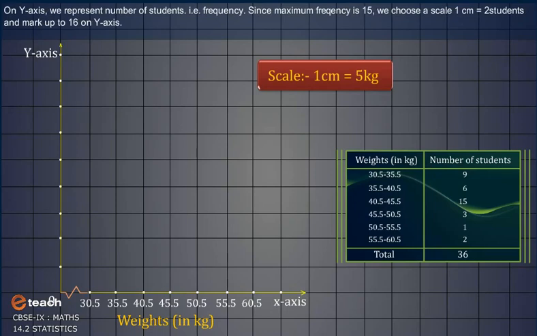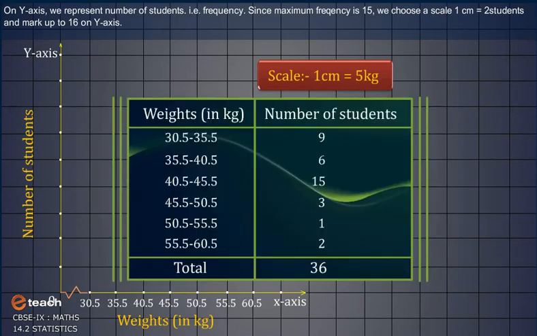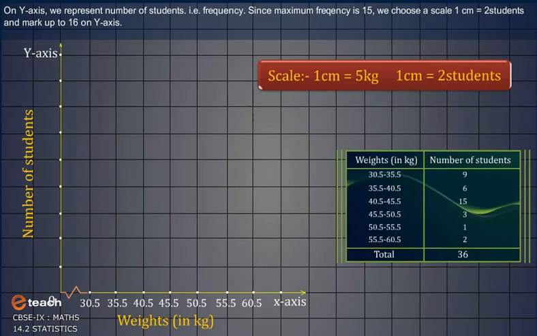On the y-axis, we represent the number of students, that is, frequency. Since the maximum frequency is 15, we choose a scale of 1 centimeter equal to 2 students and mark up to 16 on the y-axis.